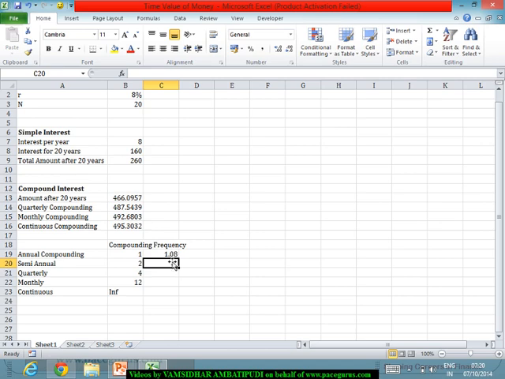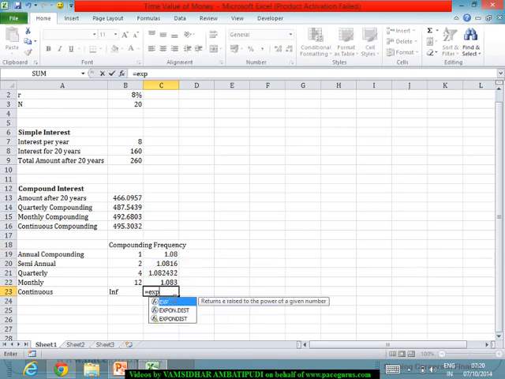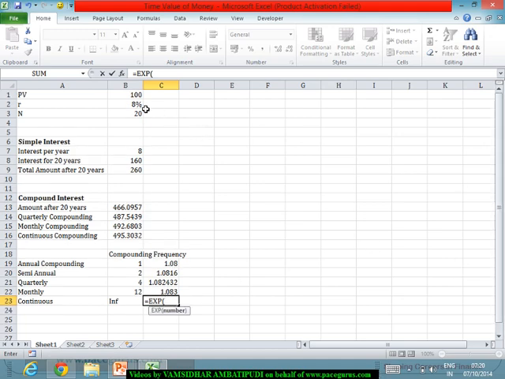So here I am going to get 1.08 and probably 1.0824, 1.083, and this is where I can talk about e power 8%. Here I'll get e power 8%, which is 1.0832.